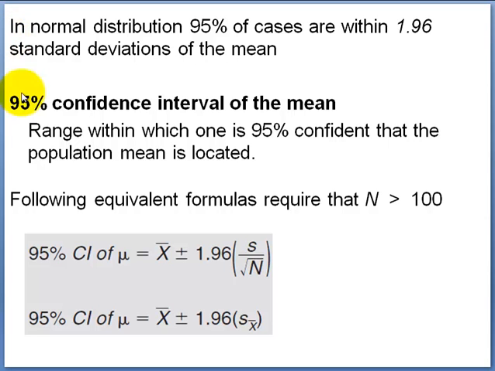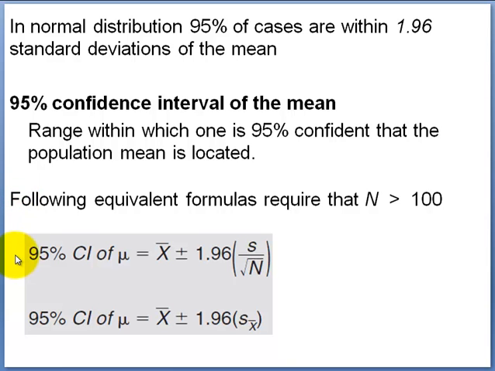Here are 2 equivalent formulas. It's really the same formula repeated here in different form for the 95% confidence interval. And these formulas require that n be 100 or greater.